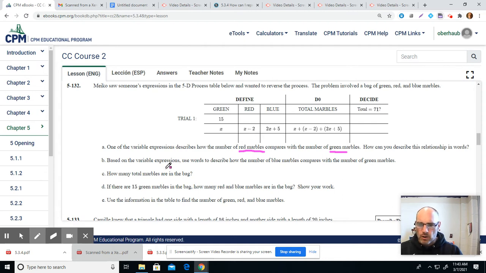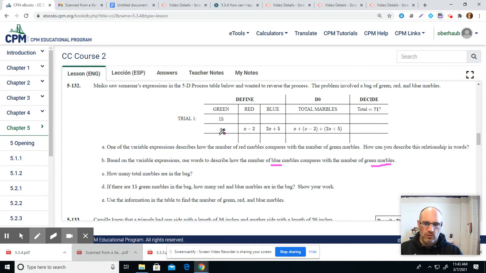Part B. Based on the variable expression, use words to describe how the number of blue marbles compares to green marbles. I'm going to compare blue marbles to green marbles. I think I can say that there are twice as many blue as green, plus 5.